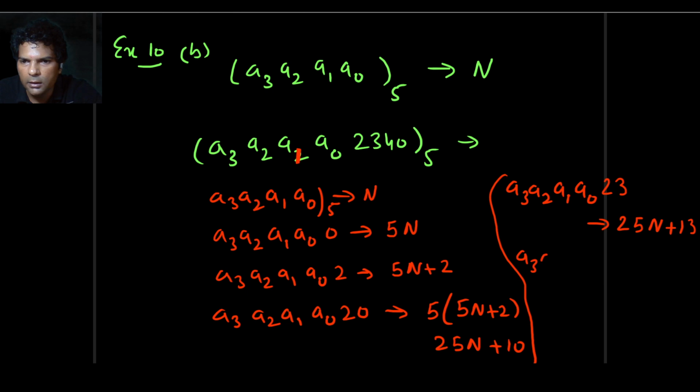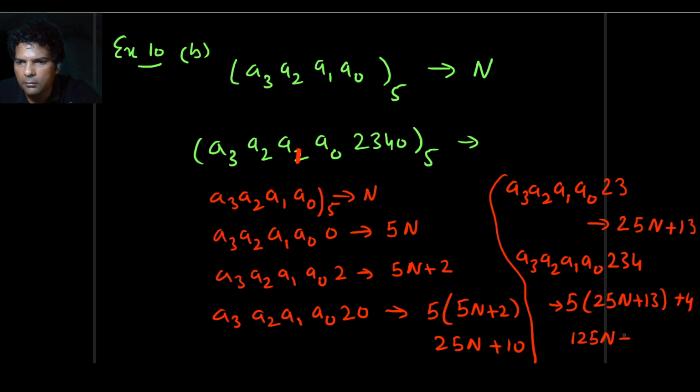Now A3, A2, A1, A0, 2, 3, 4 is 5 times 25N plus 13, plus 4. Now 125N plus 69. Clear?